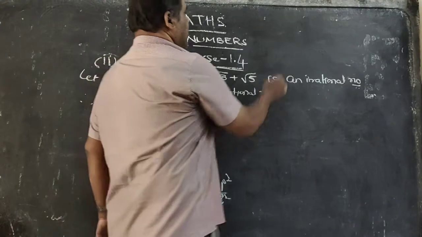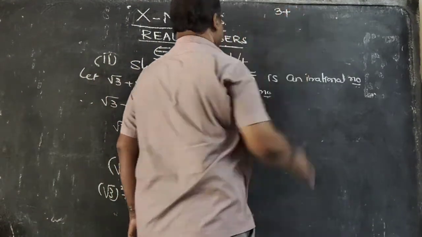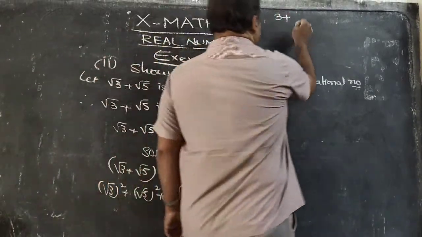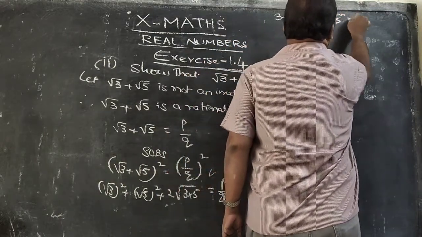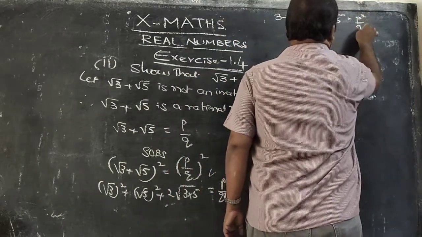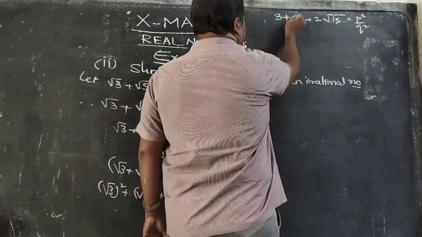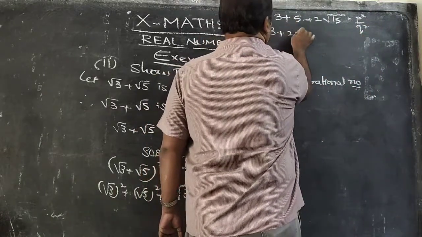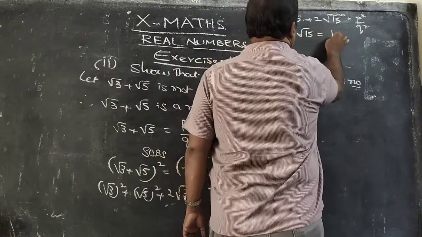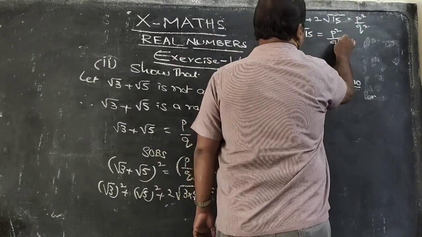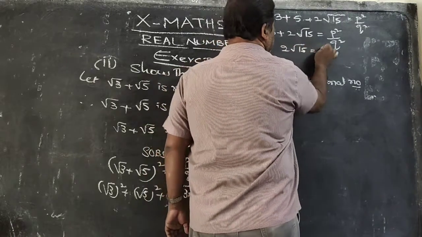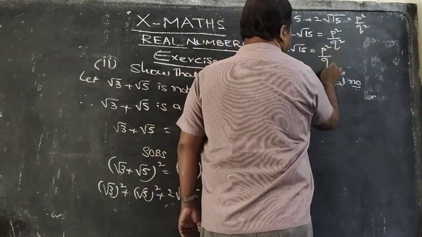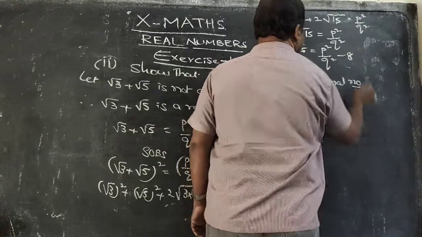Root 3 whole square is 3, root 5 whole square is 5, plus 2 root 3 into 5, which is 15, is equal to P square by Q square. Here 3 plus 5 is 8, plus 2 root 15 is P square by Q square. Send 8 that side. 2 root 15 is equal to P square by Q square minus 8.